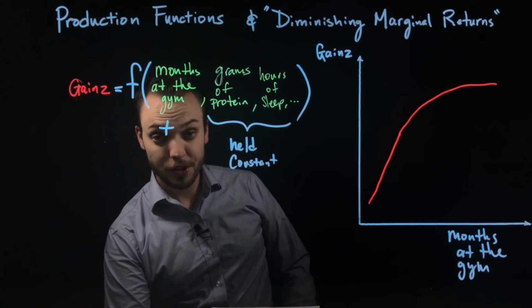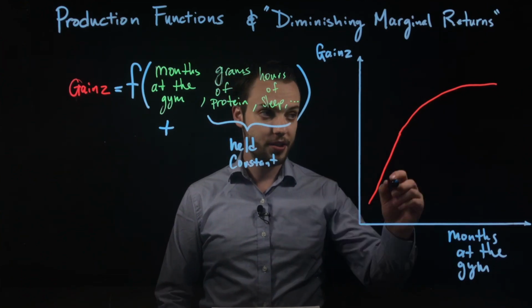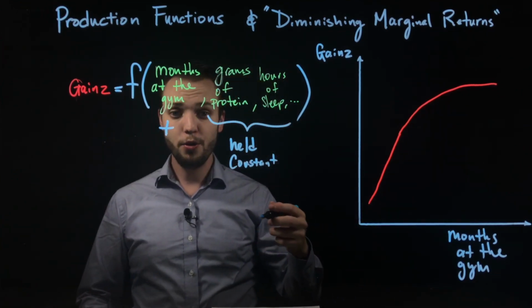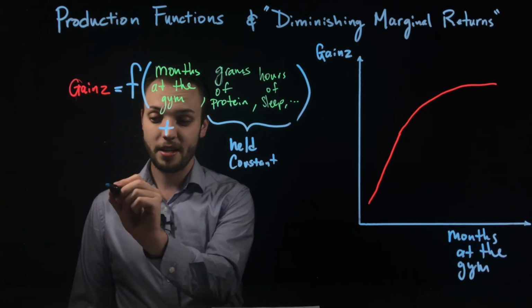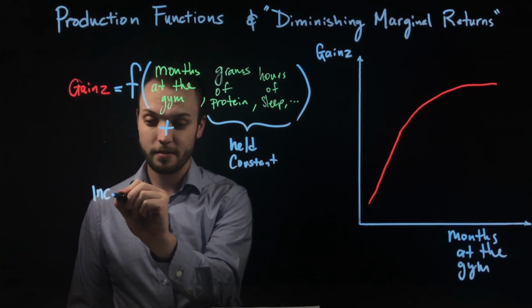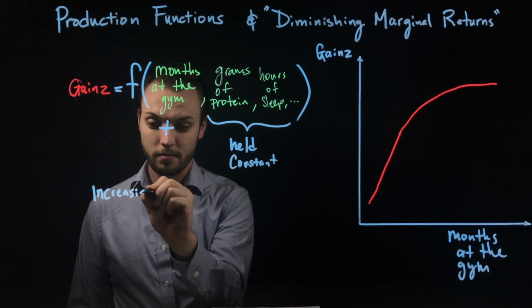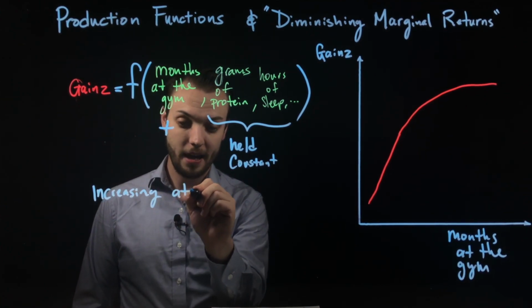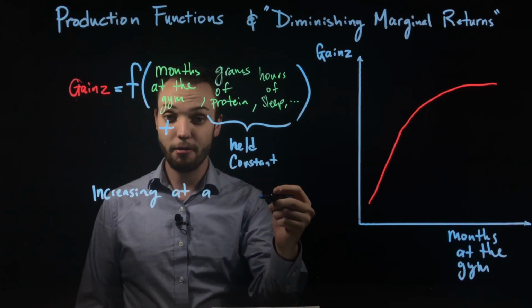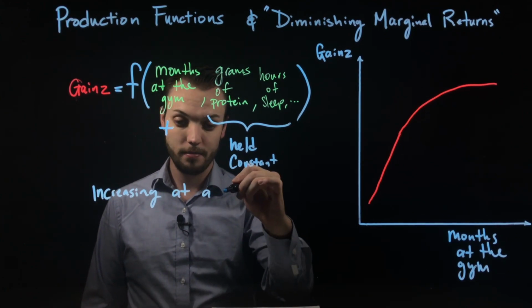Okay? So there's still a positive relationship, right? There's still a positive relationship in the sense that you put more months in the gym, that you're going to get more gains. But the thing is that this is increasing, or the amount of gains is increasing, but at a decreasing rate with respect to months of the gym.